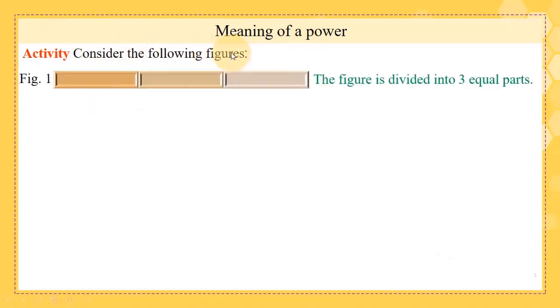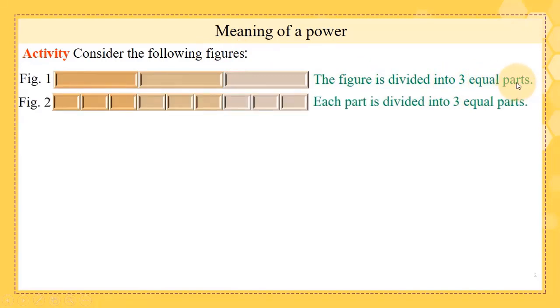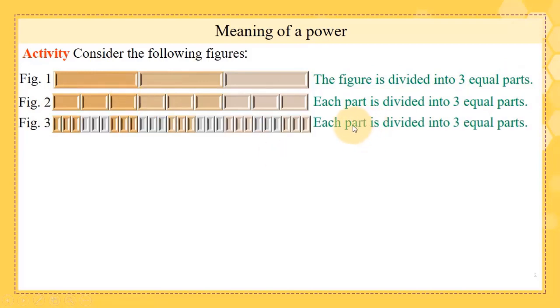Consider the following figures. Figure 1 where it is divided into 3 equal parts. Figure 2 where each part is divided into 3 equal parts. And figure 3 where also each part of figure 2 is divided into 3 equal parts.